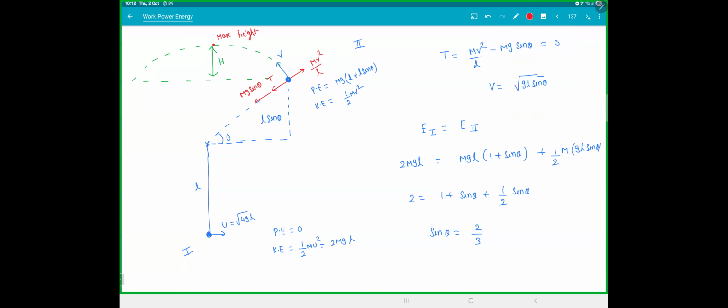Let's get the height, everyone. Velocity is fine. Get me H max.